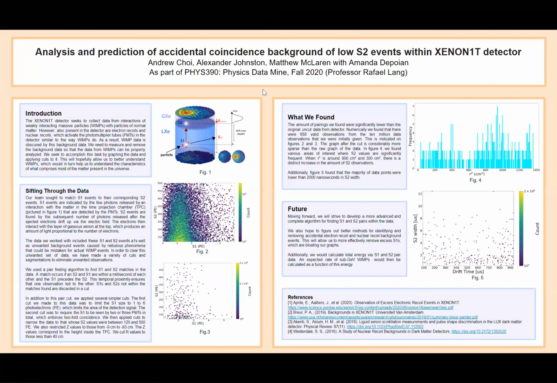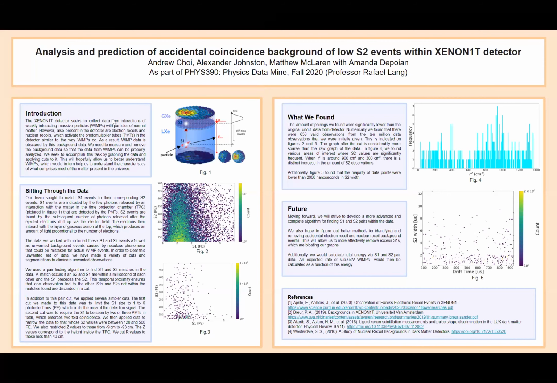All of these cuts are put there to make sure that we have the proper interactions that we want to study. For instance, twofold coincidence shows that only two PMTs find a specific S1 interaction. And there are a variety of other cuts, but to go into the actual findings from these cuts, I'm going to pass it off to Matt.